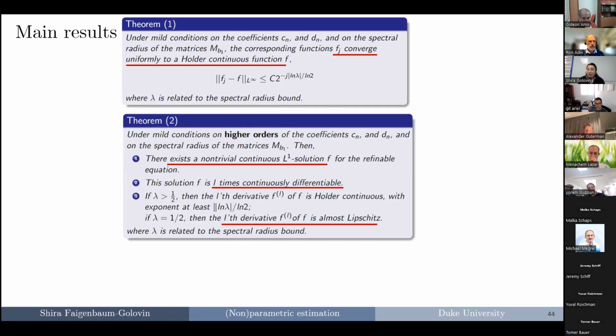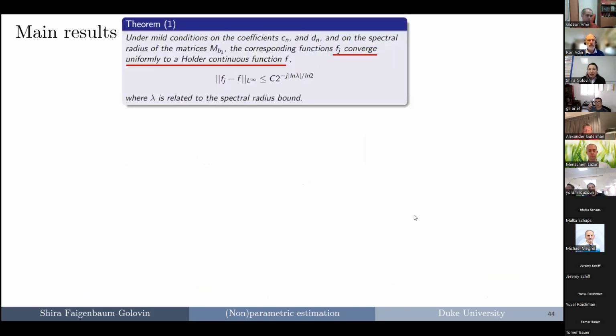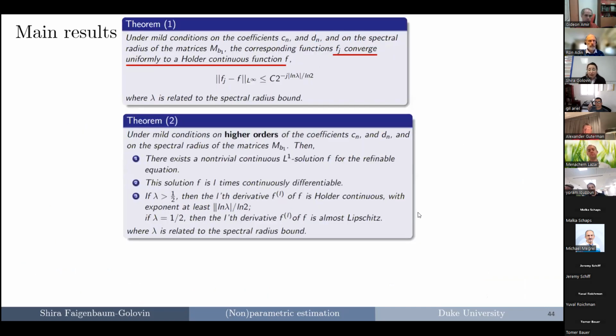The proof is a bit tricky because we had to analyze the spectral properties of those functions and define some new bases where these matrices will be lower diagonal, look at their eigenvectors, but I'm not going to get into more details about it because it was very technical and included a lot of playing around with the convergence of those refinable functions.